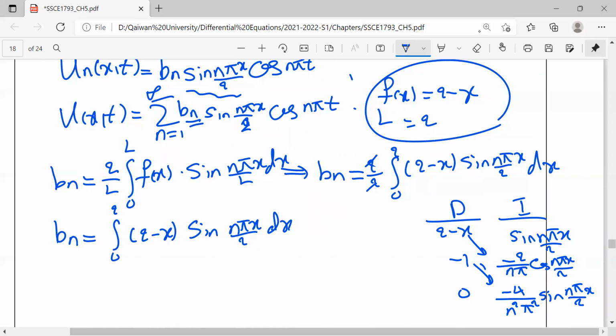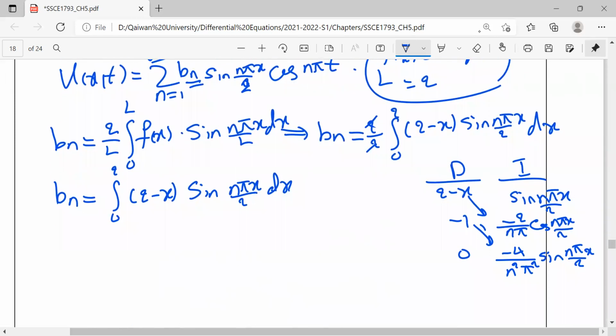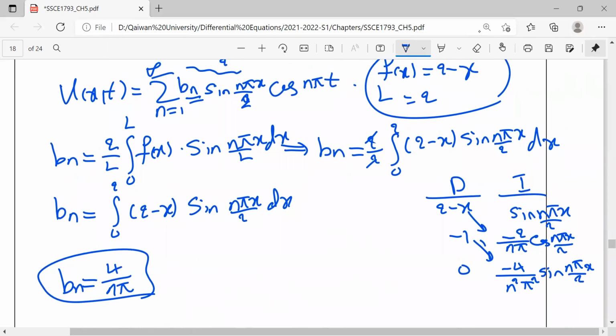I'm just going to write down the final result for the integration, which is 4 over n pi. Now we return Bn to the series.